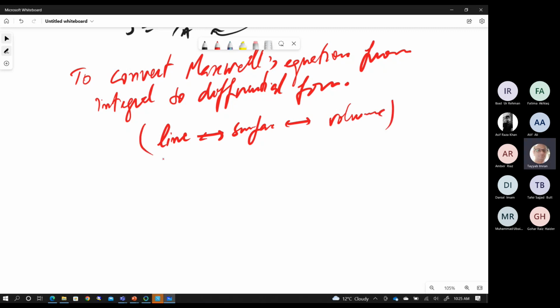These things which we already studied can be line integral, surface integral, or volume integral. And then similarly in the differential form as well.